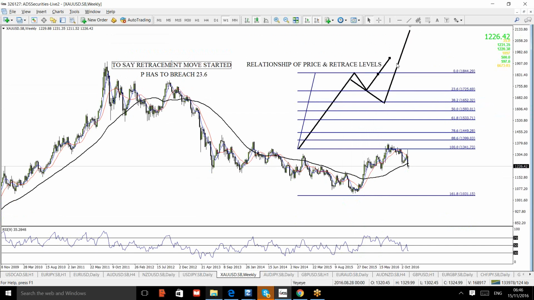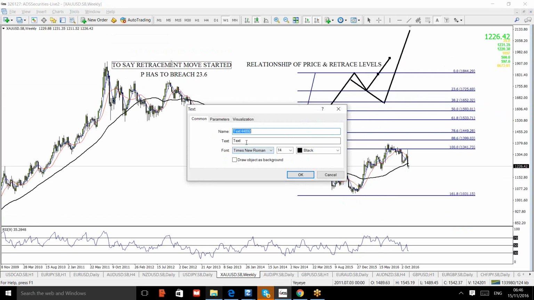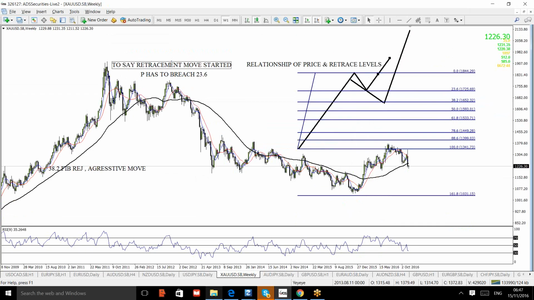Make sense, guys? The move from 38.2 Fibonacci will be aggressive, guys. Remember. These are the characteristics of the price action, guys. So just remember, normally they never change. Understand, guys?